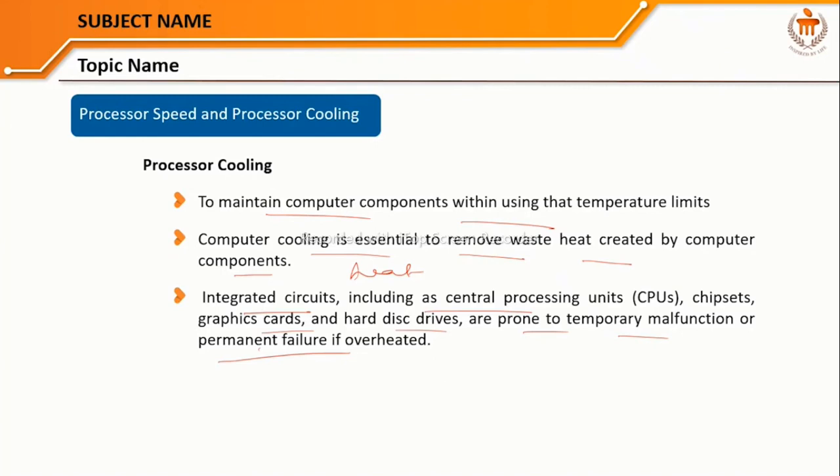Here, if you read the laptop configuration, they mention that this laptop works in temperatures from minus 5 to 40 degrees, because the CPU can also be damaged by external heat.